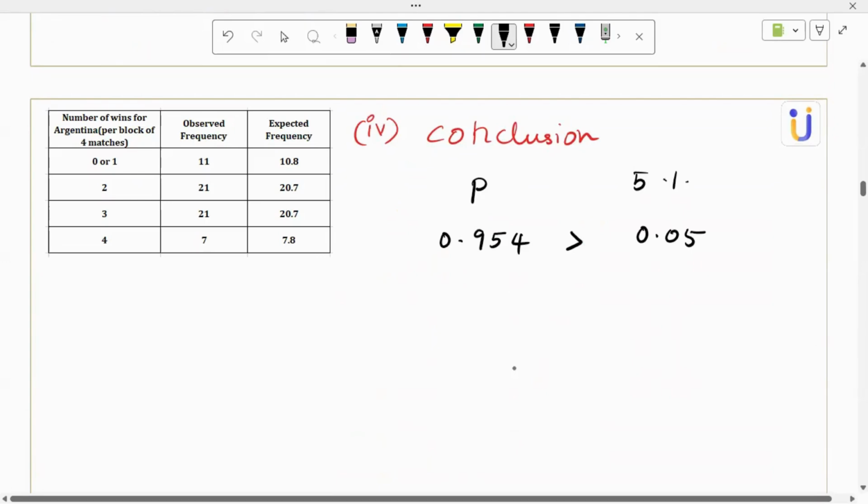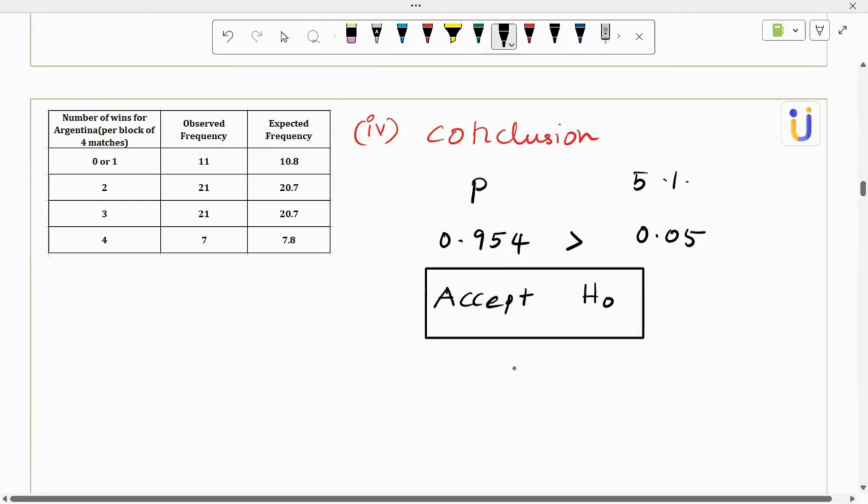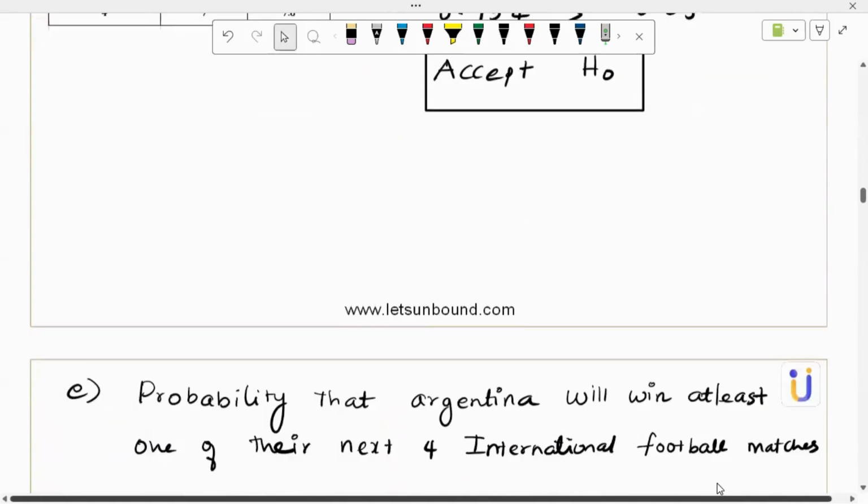Otherwise you can say we fail to reject the hypothesis. I am just writing in a simpler manner, accept H0, or you can say there is no evidence to reject the hypothesis. Or don't reject H0, anything like that can be written here.